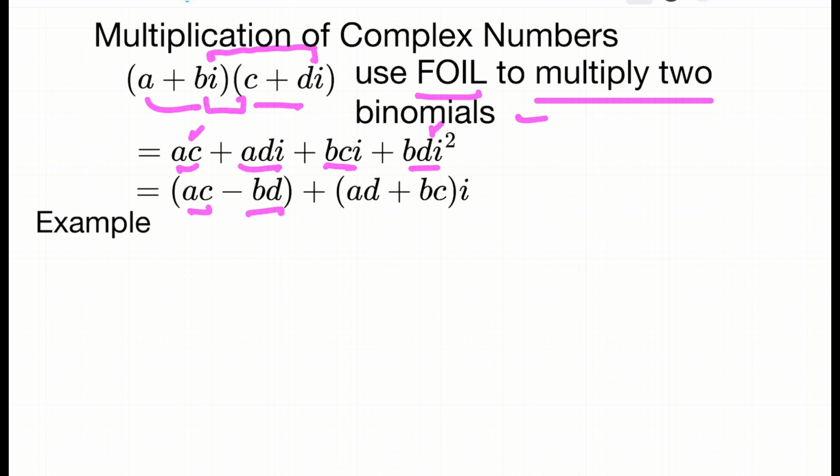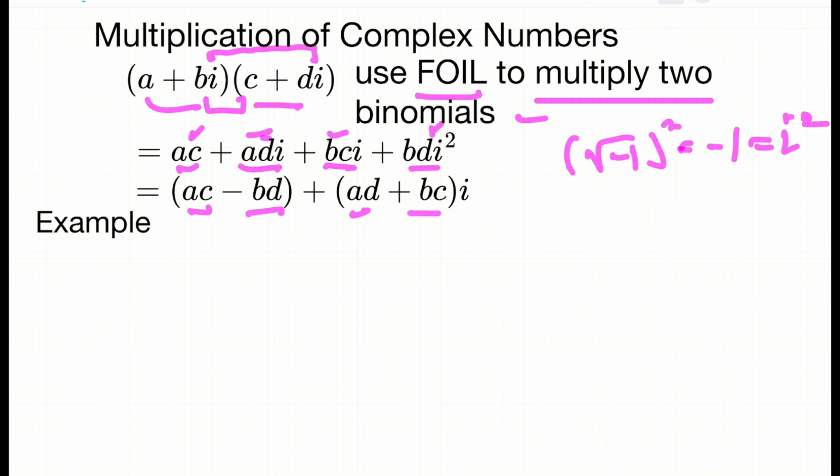I correct myself, that is a minus 1, because we've got square root of minus 1 squared, which is equal to minus 1. So i squared is equal to minus 1. And then the terms associated with the i's, or the imaginary portions, is going to be the ad term and then the bc term. So there is our equation.